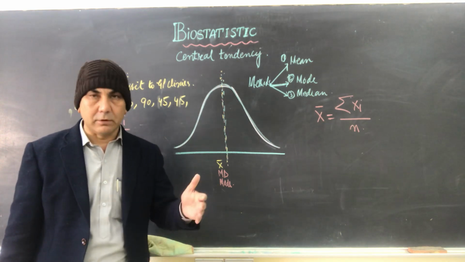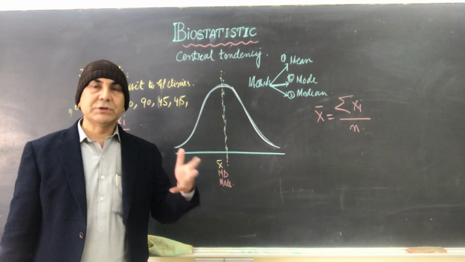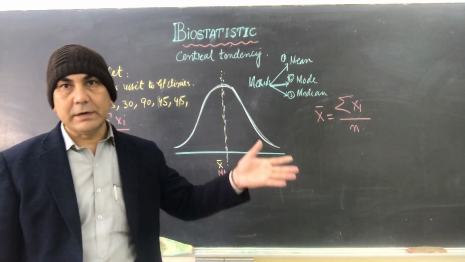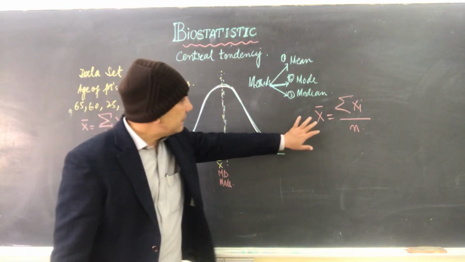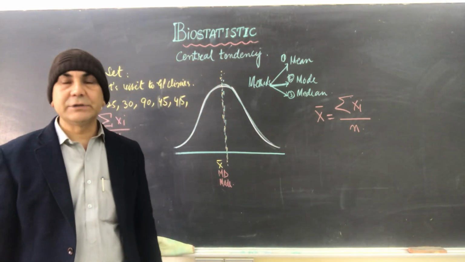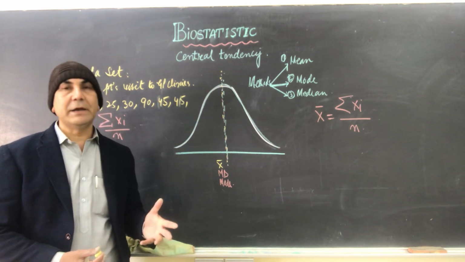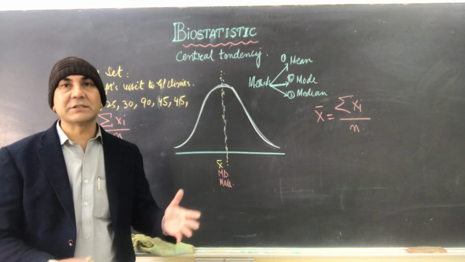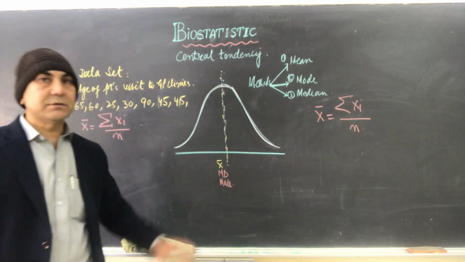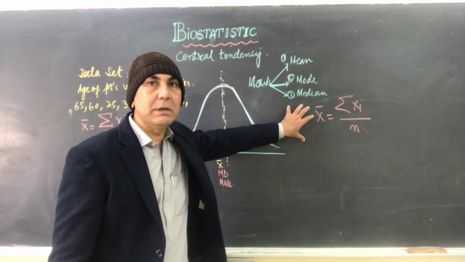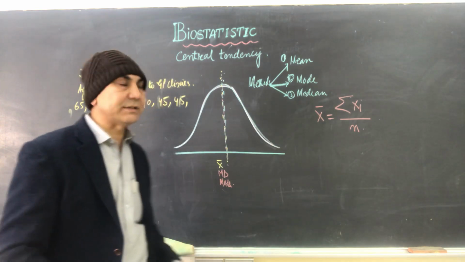If you convert nominal and ordinal data into numerical form, then you can measure the mean of that particular data set. The mean, the average of the data set, is affected by outliers, by extreme values. Let's see how an outlier affects the mean of any data set.